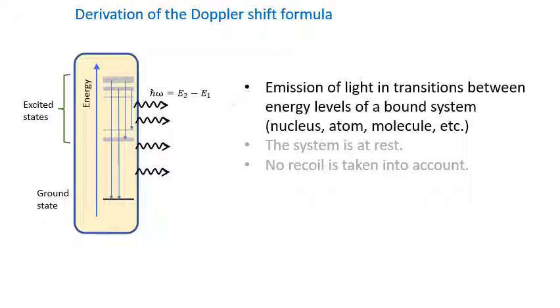There is a stable lowest energy ground state and many excited states with limited lifetimes. These higher energy states have probabilities to undergo radiative transitions. They drop to a lower energy level and emit a photon whose energy is equal to the energy difference between the two levels.